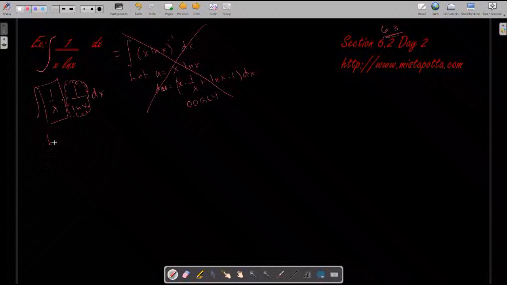So if I let u be natural log of x, then du, the derivative of natural log, is 1 over x dx. And so I end up with 1 over u times du.